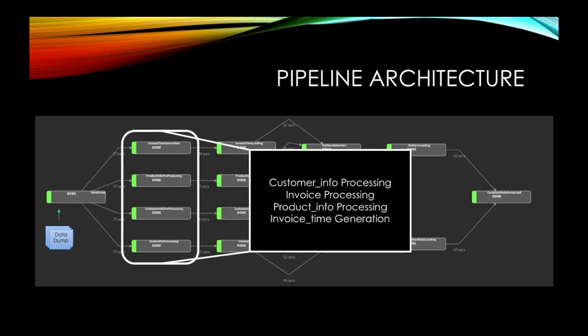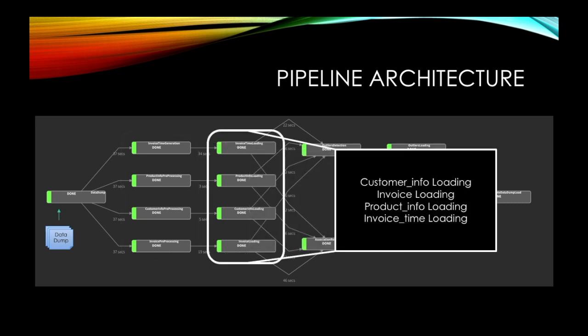This set of tasks performs any cleaning and transformation, such as column renaming, stripping extra white spaces from column values, etc. One of the tasks is generation of the invoice table and the invoice time CSV file as well. Next set of tasks performs loading of these processed CSV files into the database.